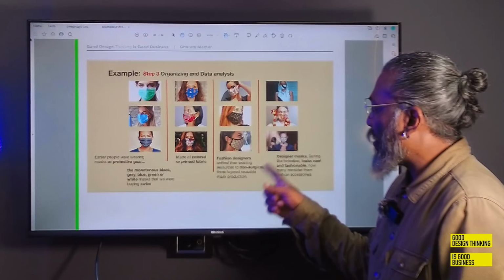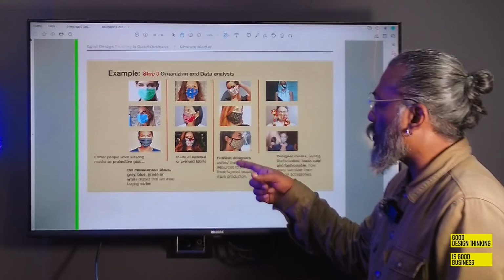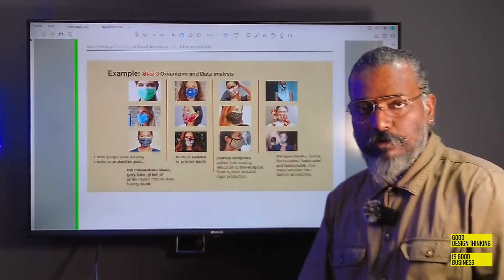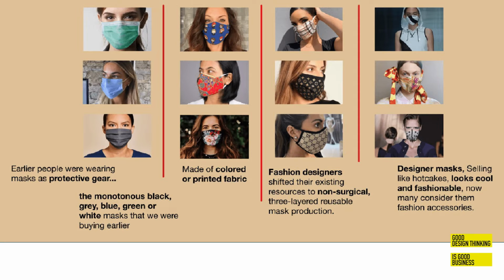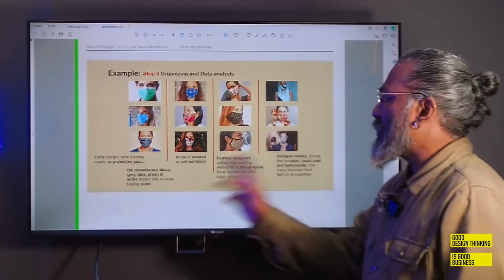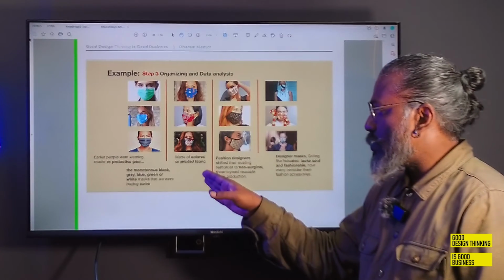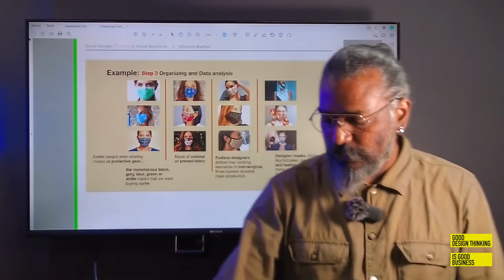Then I saw fashion designer masks, which have fashion patterns, Louis Vuitton, Gucci, and Burberry. And lastly, I saw ramp walkers also using the mask. So clearly I can see ramp walking, high fashion, and designer masks versus medical masks. So I can see this pattern.